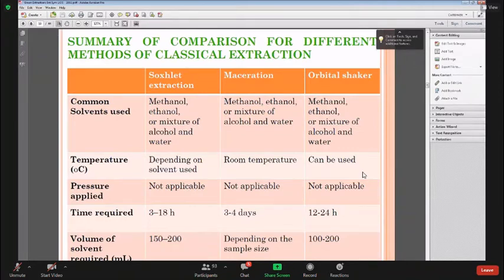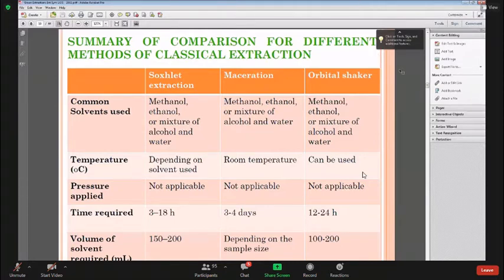If you see here, some of the conventional methods are given, which show you the solvent, the technique, the time, and the limitations. For example, in case of Soxhlet extraction, we can use organic solvents like methanol, water can even be used, and in certain cases hexane, and a large volume of the solvent is involved.